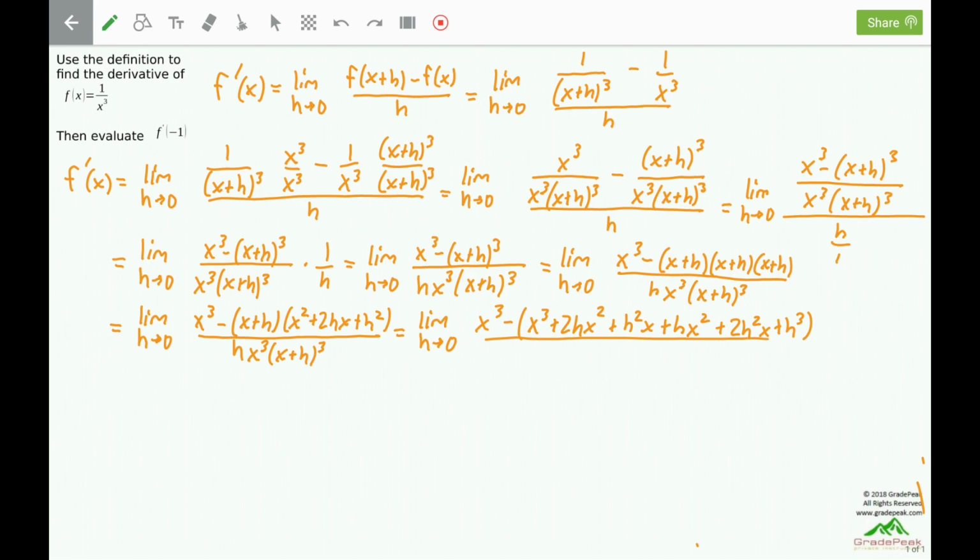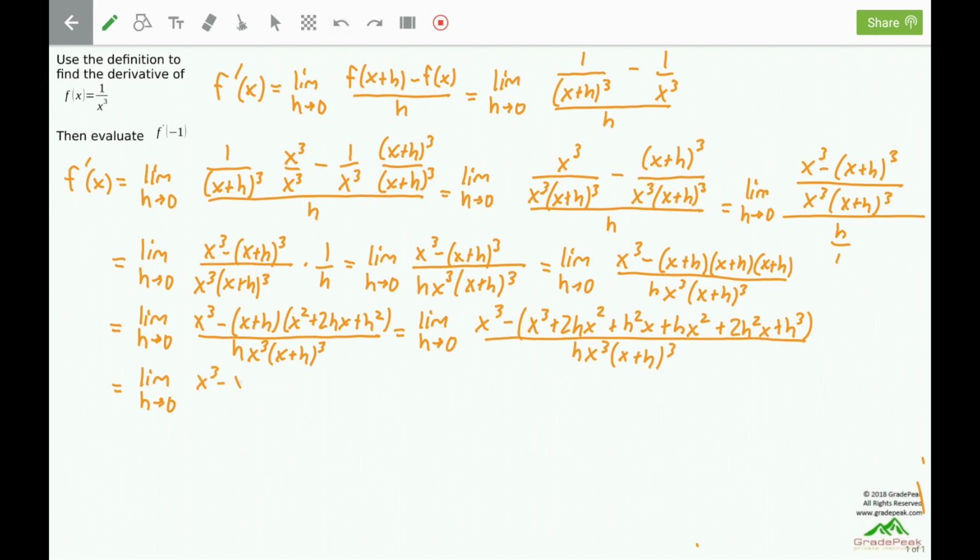All of that divided by that same denominator, h times x cubed times x plus h cubed. Our next step is to distribute the minus sign into that entire expression.